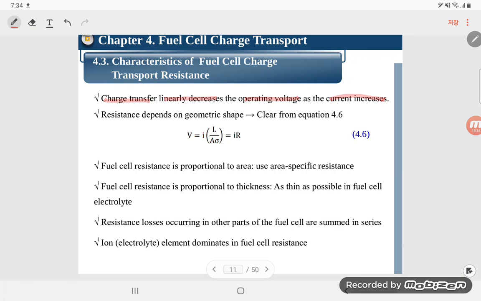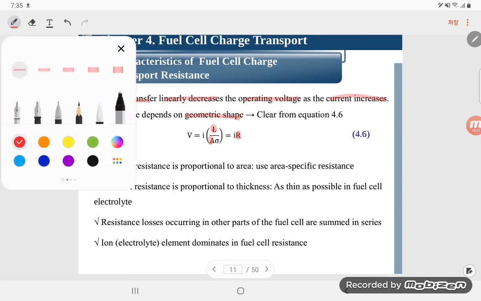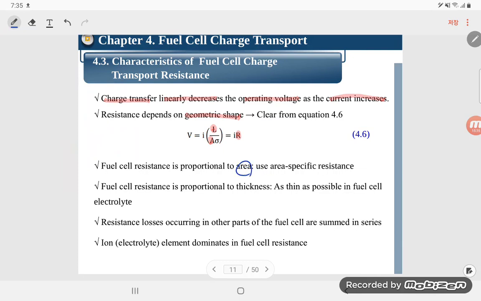So the resistance depends on geometrical shape, as we learned. What is the geometric? Length and area in here. And fuel cell resistance is proportional to the... it's not proportional. The resistance is inversely proportional to the area.